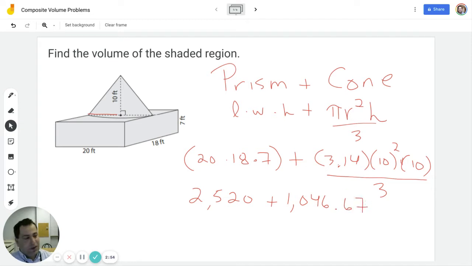I add these up and I get a total of 3,566.67. I can see my units are feet, so that's going to be feet cubed.